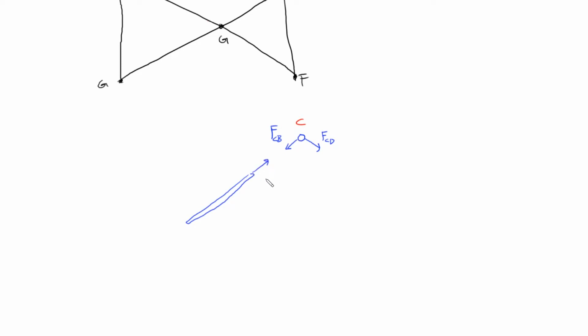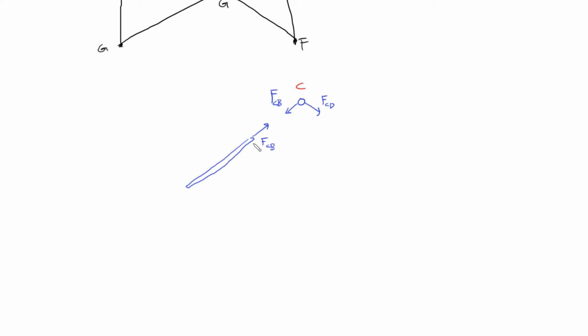You draw it in that direction, and that'll be FCB, the reaction force. And since this is a two-force member, the force acting on this end must be pointing in the opposite direction, but equal in magnitude. So that'll be FCB. And then here, let's draw the CD member. So the reaction force by Newton's third law will be in this direction. So it'll be FCD. And also using Newton's third law, this should be FCD.